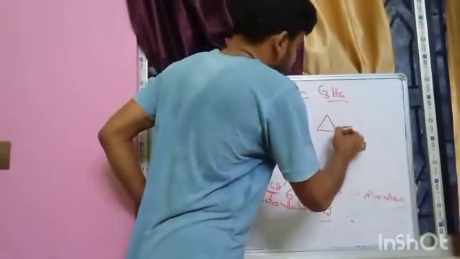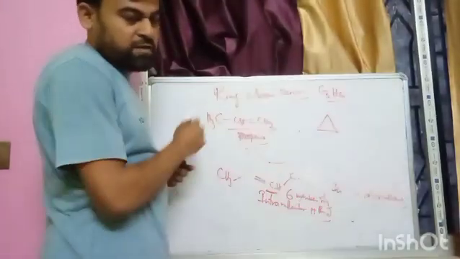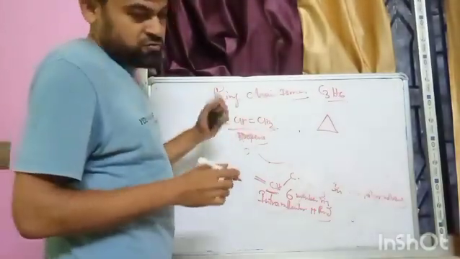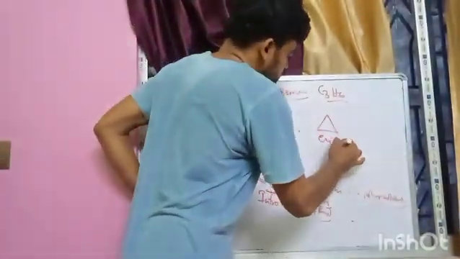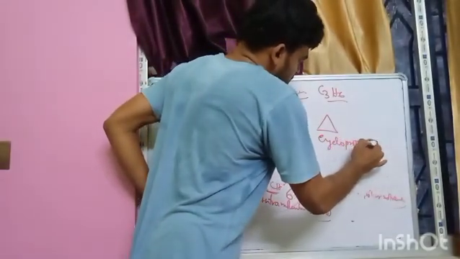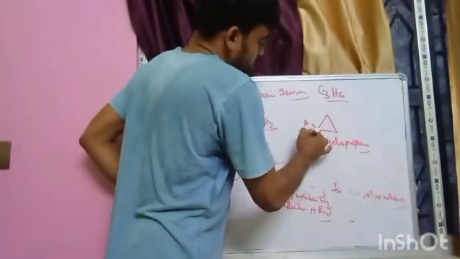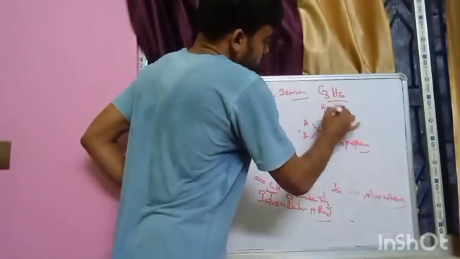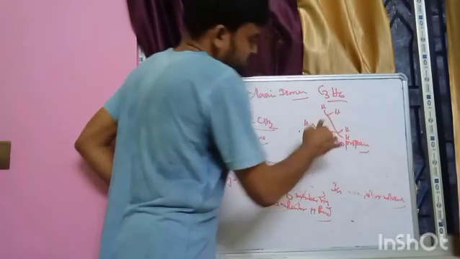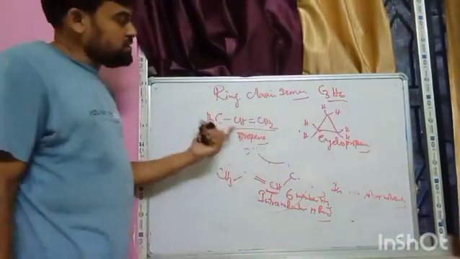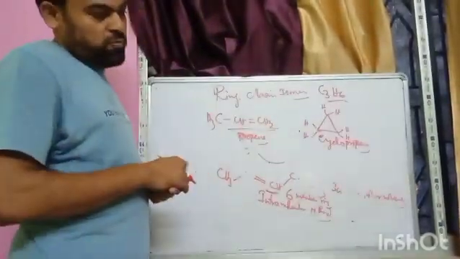And it is also a three-membered cyclic structure, that is a ring structure. It is called cyclopropane. Here also the molecular formula is the same, that is C3H6. These two are called ring chain isomers.